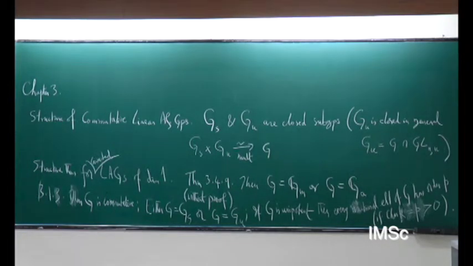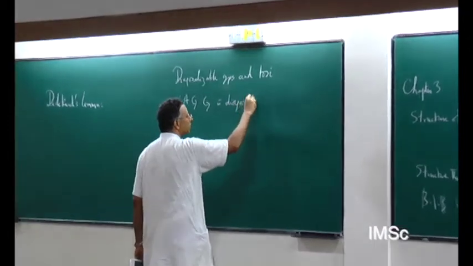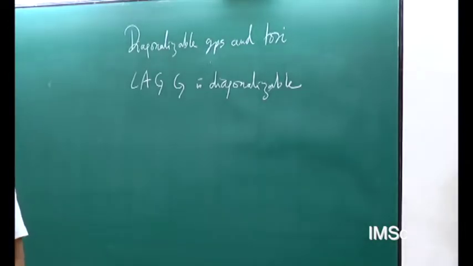Then we were doing the next thing. The next stop is called diagonalizable groups and tori. So, definition: a linear algebraic group G is diagonalizable, and as we said last time, when is it diagonalizable?